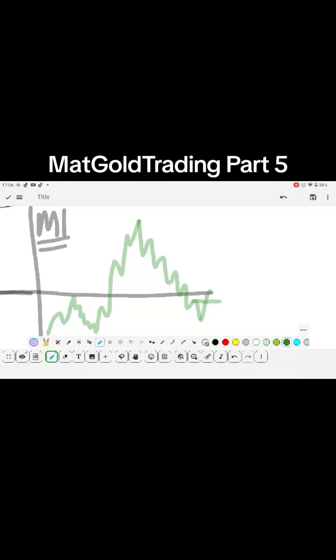Yes, that's a break of structure, but we are not ready to buy it. Okay, but it's a break of structure. It broke the sell structure, right? That's what we are looking for. When something like this happens, that's when we start paying more attention, right? But it's not yet time to enter.